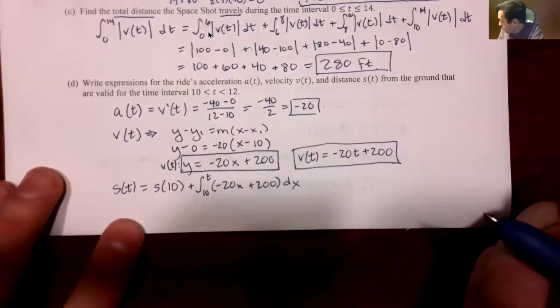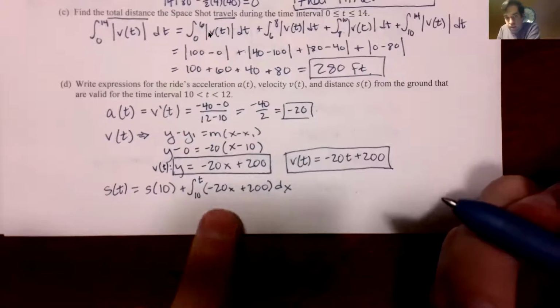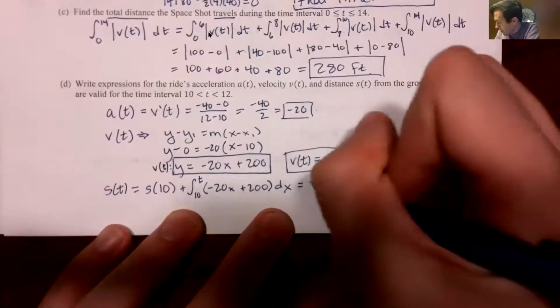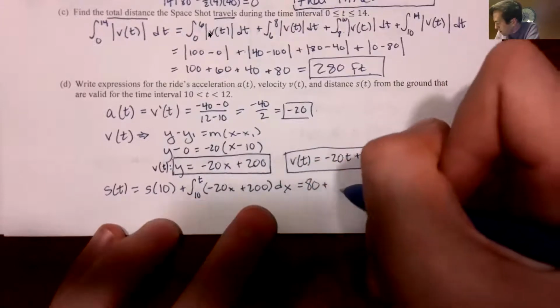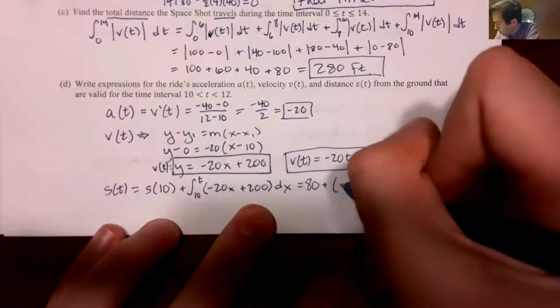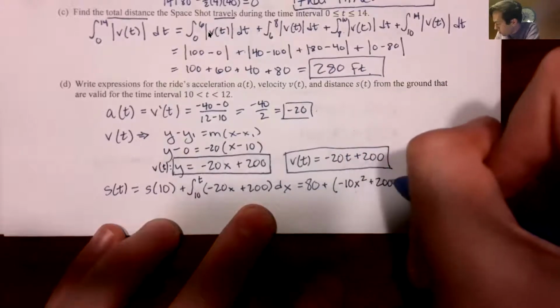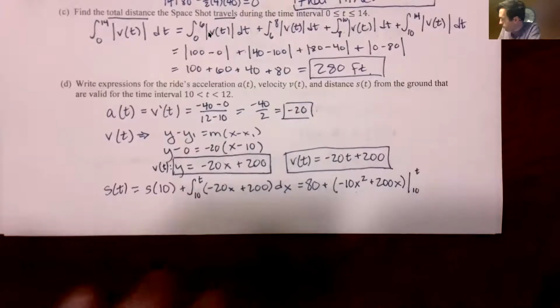But we can go one step further because this time we can actually evaluate this integral. So we know s of 10 is 80, and this integrated becomes -10x squared plus 200x. And we're going to evaluate that from 10 to t.